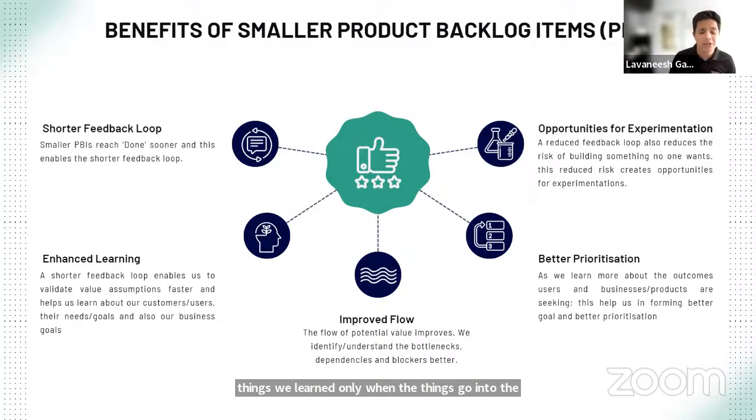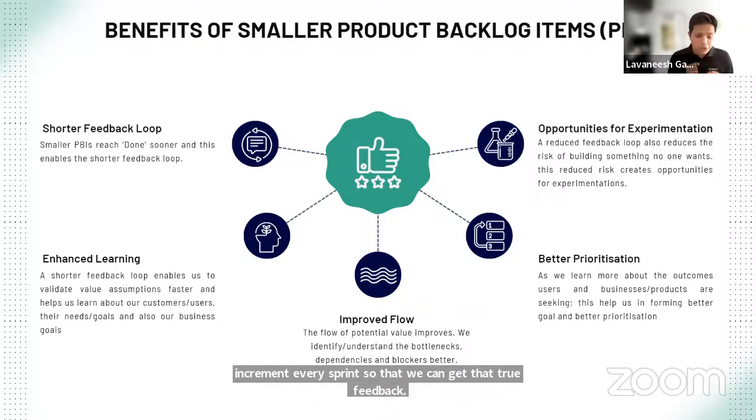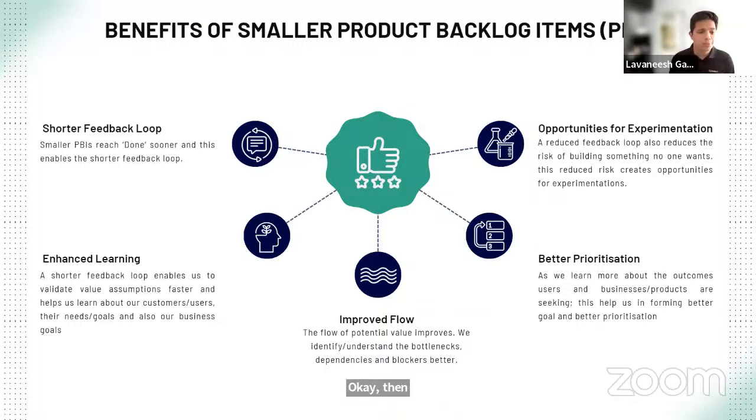And this is the reason, guys, why Scrum is so focused on creating the done increment every sprint, so that we can get that true feedback. Then this faster feedback loop also supports the flow of value as well. And when we keep delivering those smaller product backlog items, we learn a lot about our own system itself as well.